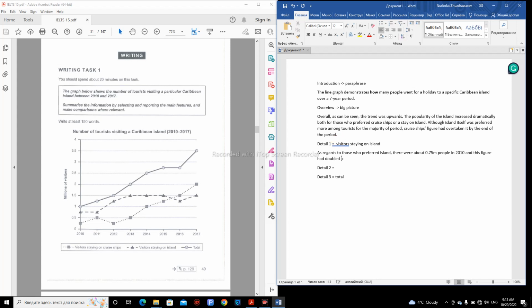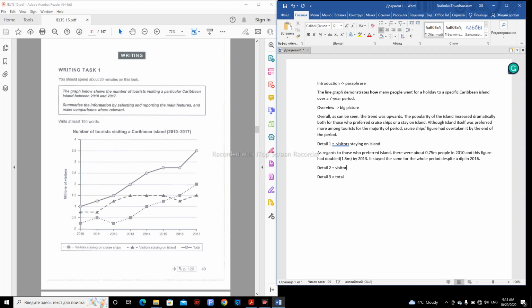We can use past perfect here, by 2013. It stayed the same for the whole period, despite a dip. I forgot to put the number here: 1.5 million. It stayed the same for the whole period despite a dip in 2016. So that's it. I think we talked about visitors staying on island.